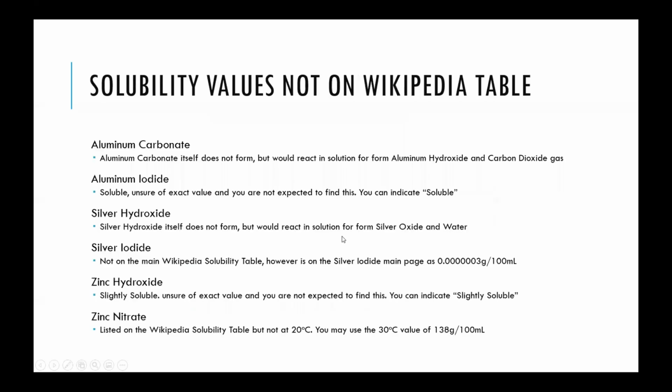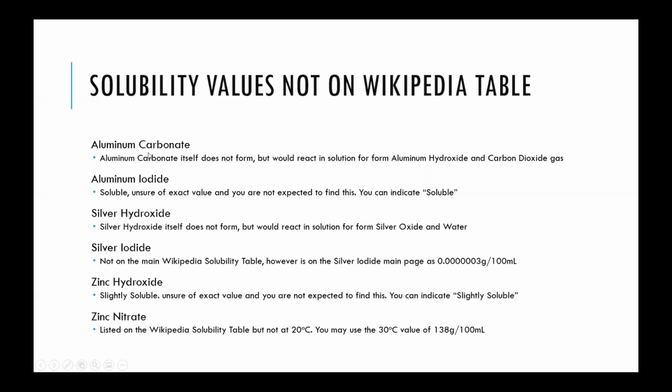Now, the majority of these compounds and their products have their solubility values listed on the Wikipedia table, and the link was provided in an earlier slide. But there are some that are not specifically listed on that table itself, and these compounds are listed right here. The compound aluminum carbonate does not actually form.